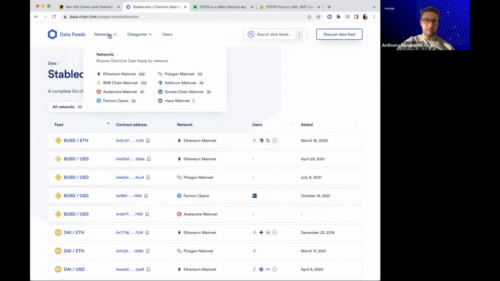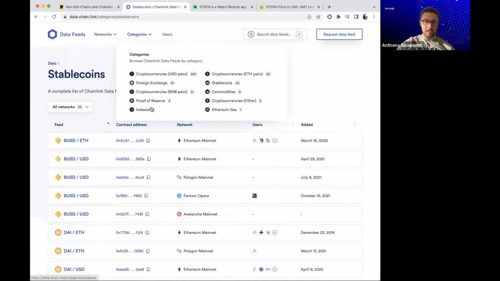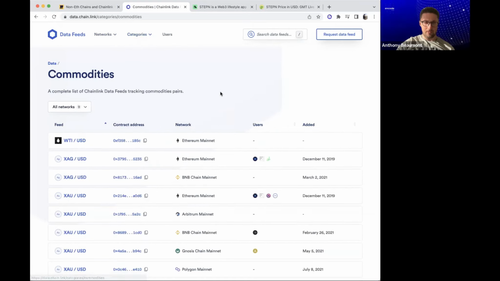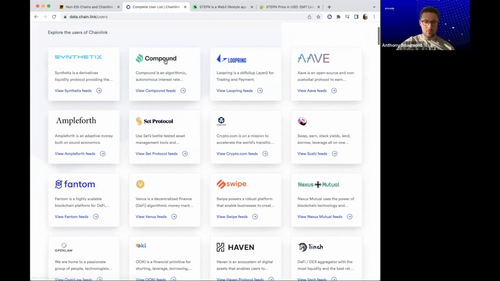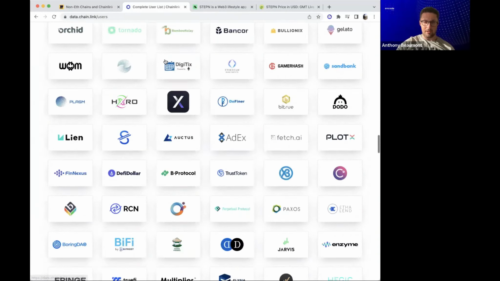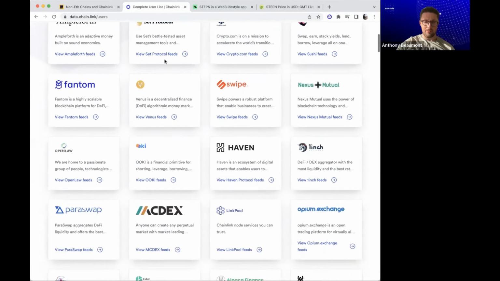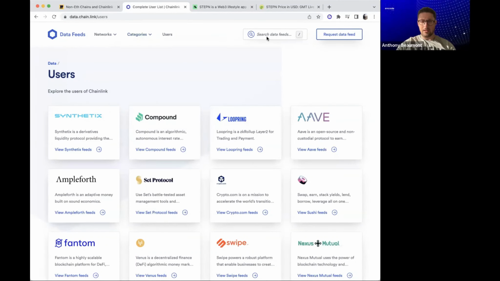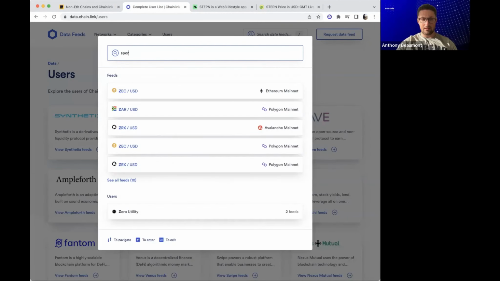I want to see if I can find a non-price data one. Market cap. No, where is it? You can see everyone uses Chainlink. Everyone. See if we can find sports data.